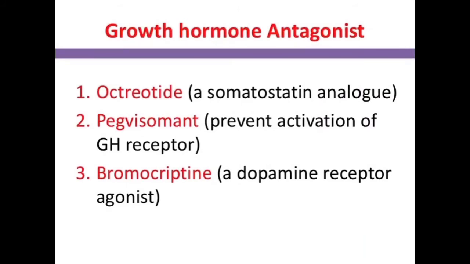So, clinical uses of octreotide include hormone-secreting tumors such as pituitary adenomas, which cause acromegaly in adults and gigantism in children. It's also used for the acute control of bleeding from esophageal varices. And adverse reactions to growth hormone antagonists include nausea, vomiting.